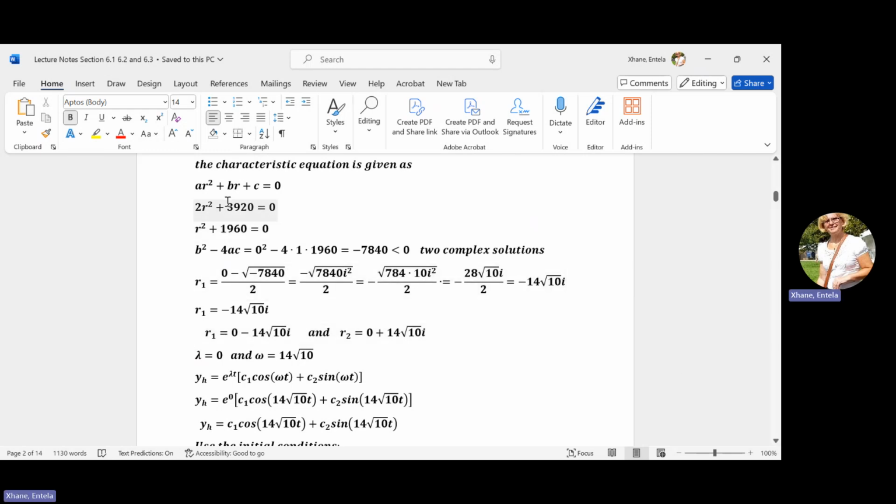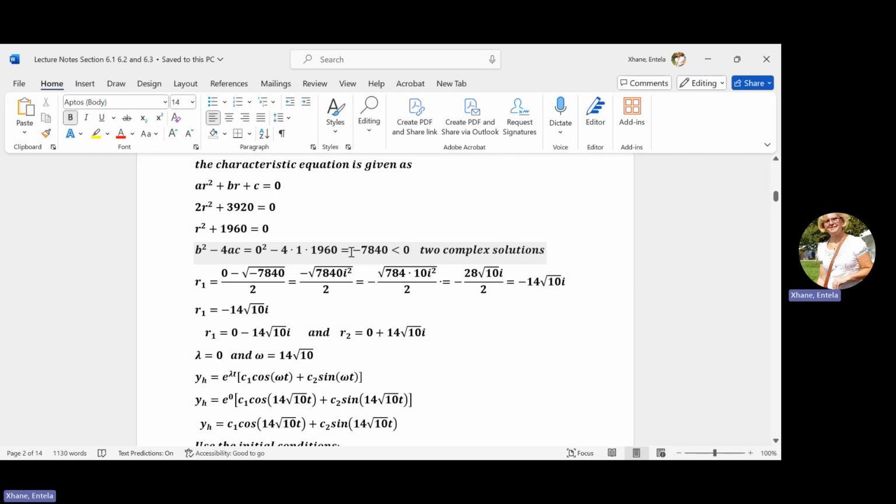No, this is what I did first: I divided by 2 to make the coefficient of r squared 1, and then I used b squared minus 4ac. So that's why you see 1960, because 3920 is divided by 2.